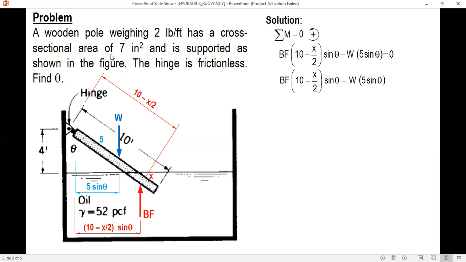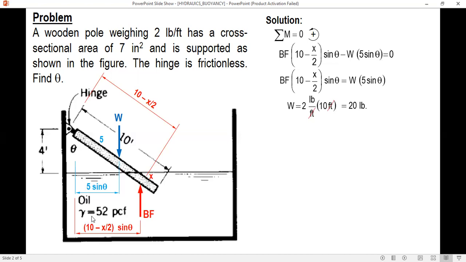So for weight, the wooden pole weighs 2 pounds per foot. And since we have a length of 10 feet, the weight is equal to 20 pounds. For the buoyant force, the magnitude is equal to the specific weight of the liquid times the volume displaced.